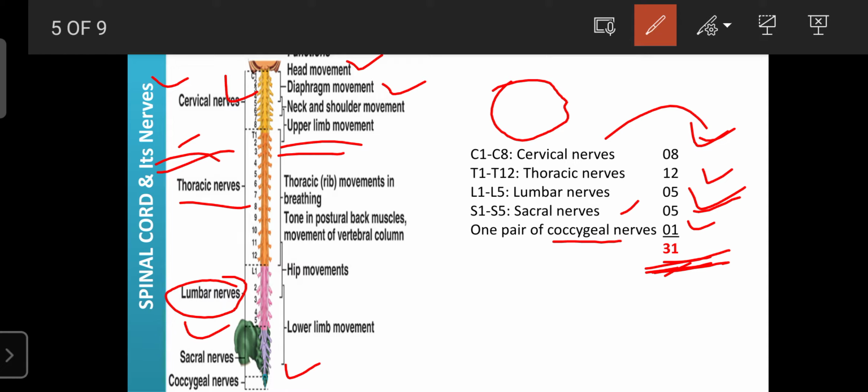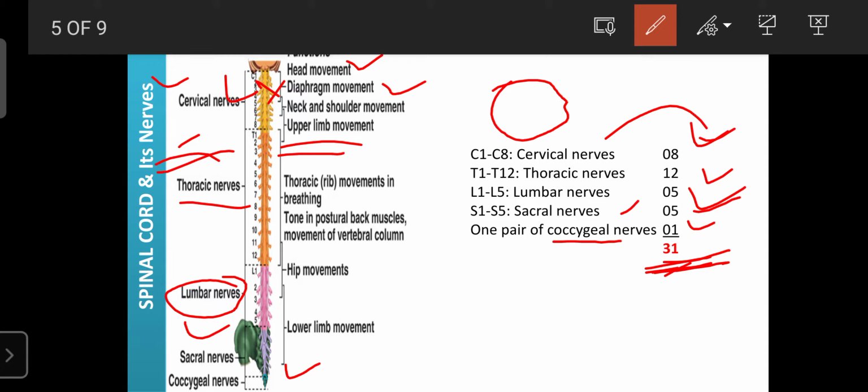If an injury to the cervical region or cervical vertebral bones damages the cervical spinal nerves, there is no movement of the diaphragm, and that can create problems in respiration. So the cervical spinal nerves play an important role in respiration and the movements of the diaphragm.